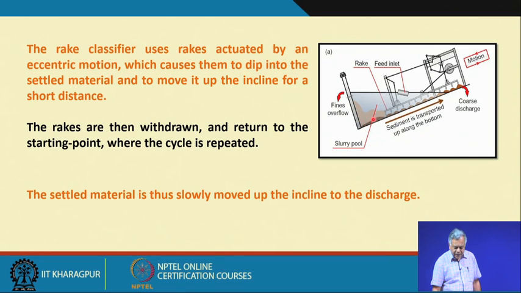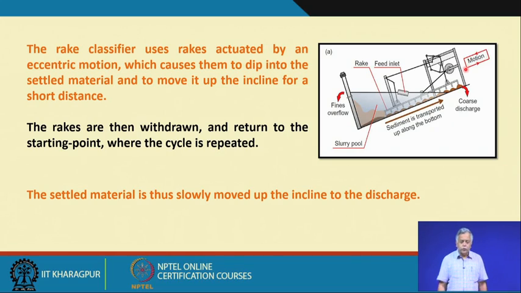That rake is basically a conveying system, and it is collecting and transporting them so that they are discharged through this opening. So, the sediment is transported up along the bottom. This is the slurry pool and this is the fine inlet, these are the rakes. This is the fine overflow and this is the coarse discharge, and these are the mechanical parts, that is how you are creating the motion and all this.